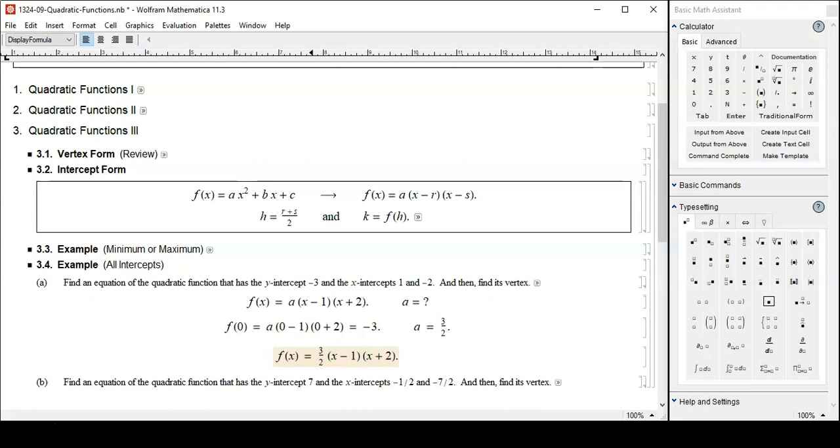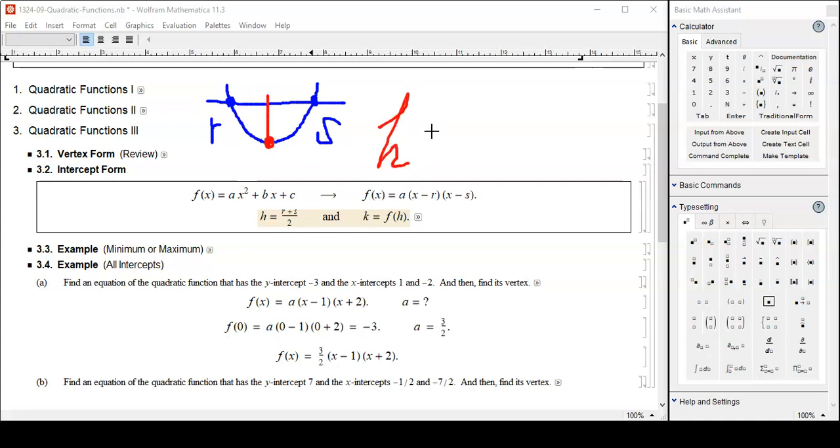You can break out the parentheses and get the general form if you want to, but in any case, here's an equation of the quadratic function. But then again, this is not the answer that we are looking for. We are looking for the vertex. So how do I find out the vertex? Well, h is the average value of those two x-intercepts, and the k value is the y-coordinate there. Remember, if you have a graph kind of like this, and the x-intercepts are r and s respectively, then the vertex must be right in the middle due to symmetry.